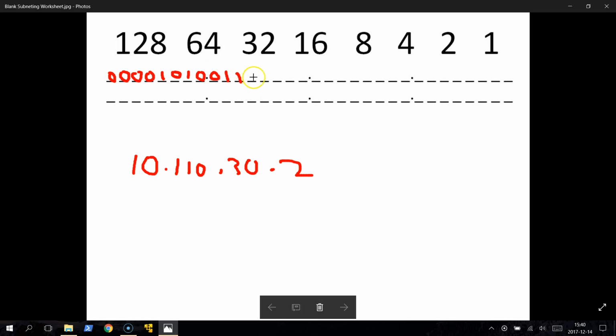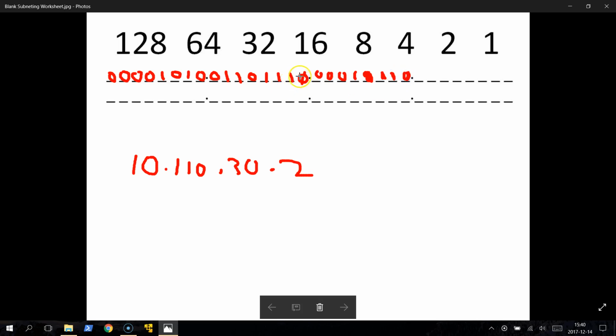That gives me 96. 96 plus 16 would be entirely too much, so 96 plus 8 gives me 104, plus 4 gives me 108, plus 2 gives me 110, and I don't need a 1. 30: we go 0, 0, 0, take that 16, take that 8, that gives us 24, plus 4 is 28, plus 2 is 30. Don't need a 1.